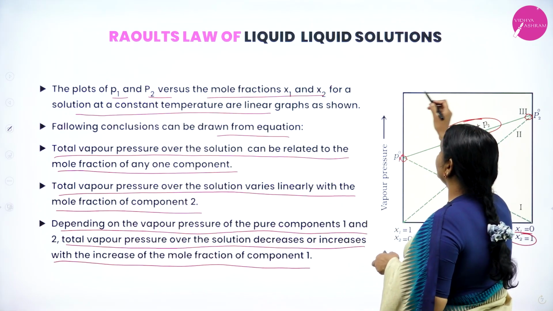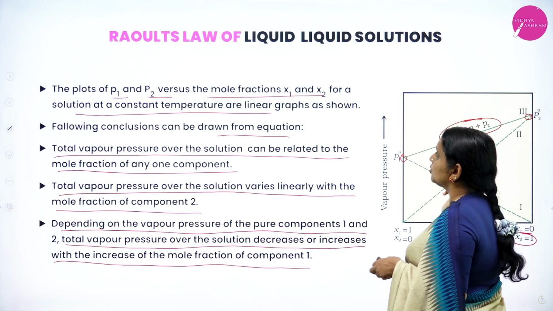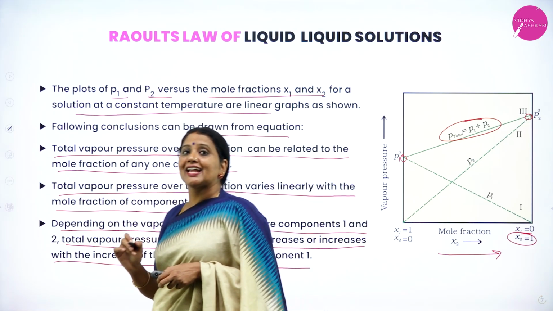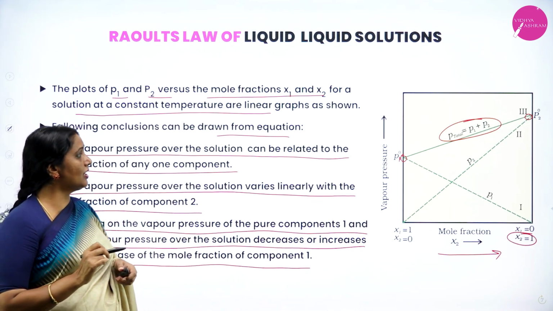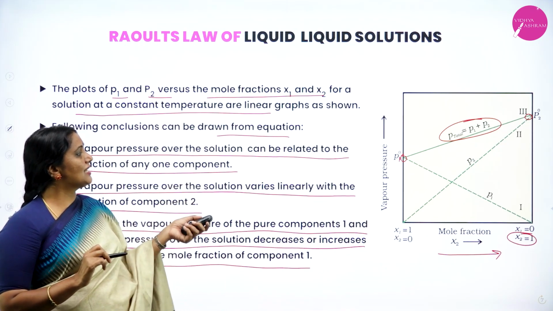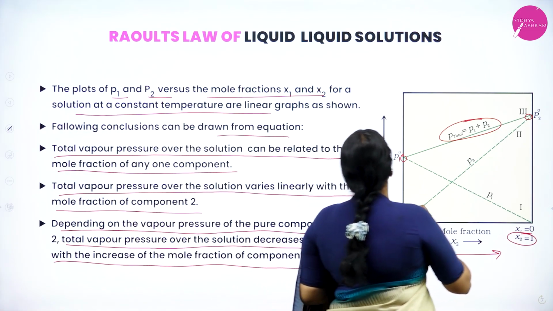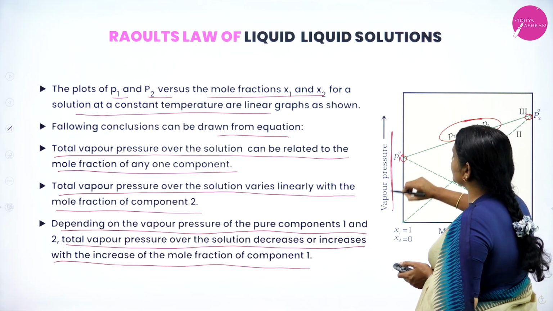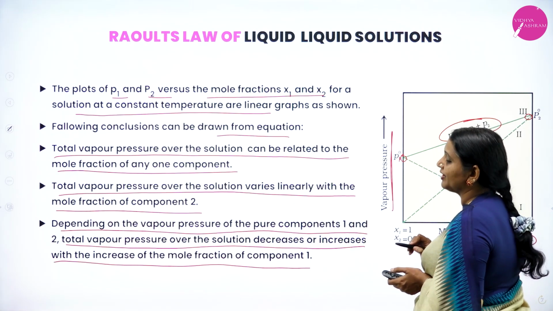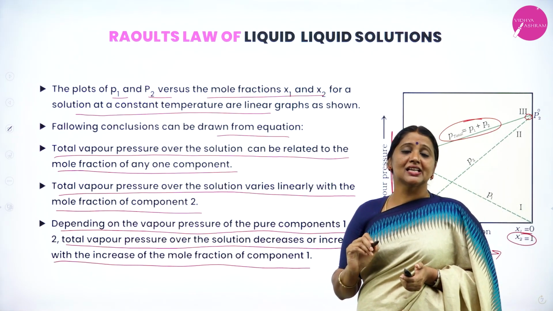This graph shows P1 and P2 versus mole fractions X1 and X2. It is a linear graph obtained by taking vapor pressure along the y-axis and mole fraction along the x-axis.